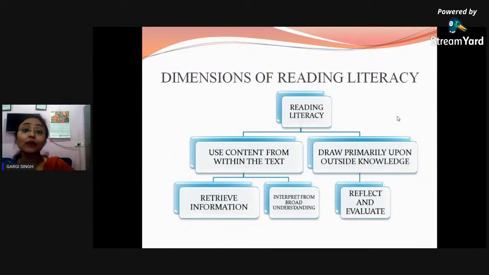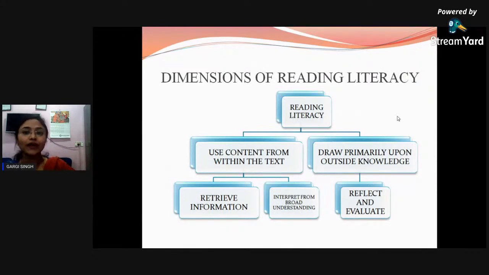Then there is the other way, that is interpretation from your broader understanding. It is somewhat called reading between the lines. The content is there in the text, you need to understand it, observe it and then interpret it.